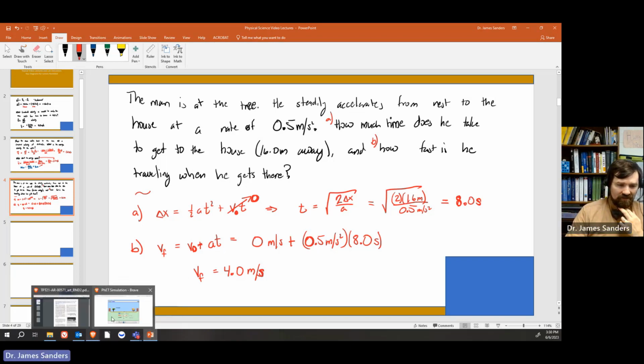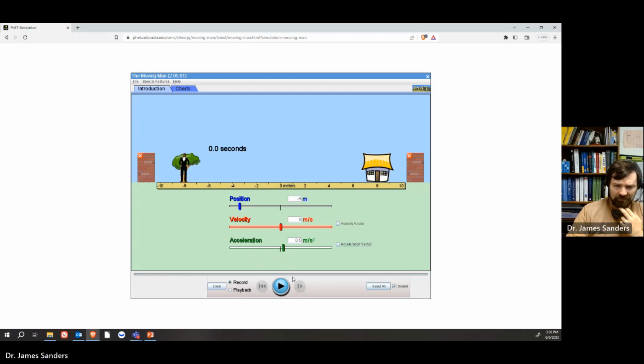So let's test that one out. Okay, ready? We'll hit play and then I'll try to stop it when he gets to the house. Ready, go. So he's picking up some speed, picking up some speed, stop. Okay, so I got just a little past the house, but here we are, 8 seconds, 8.1 meters, so just a little too far.